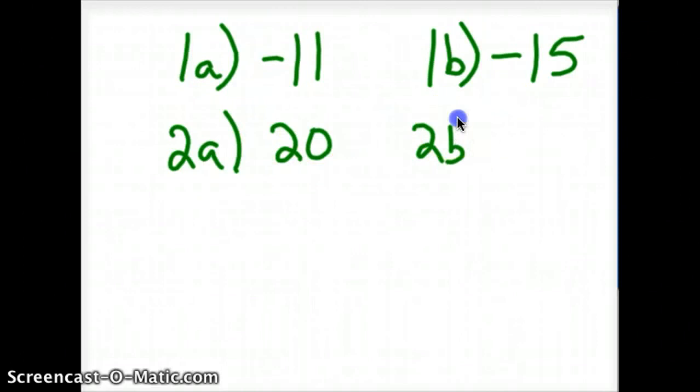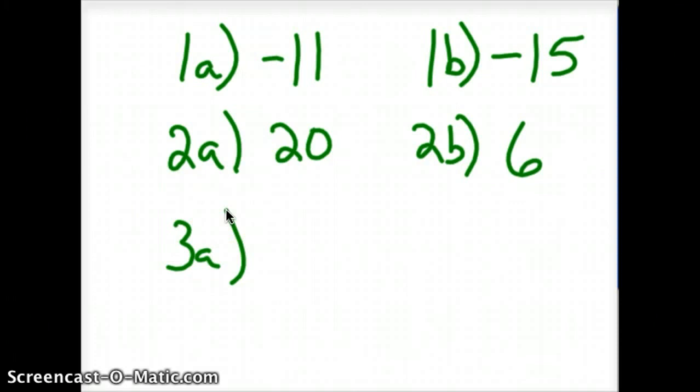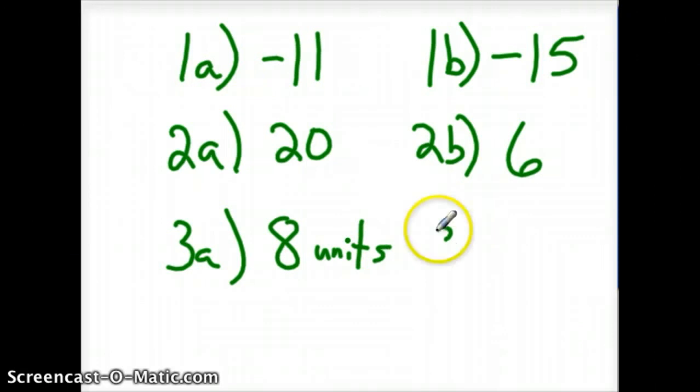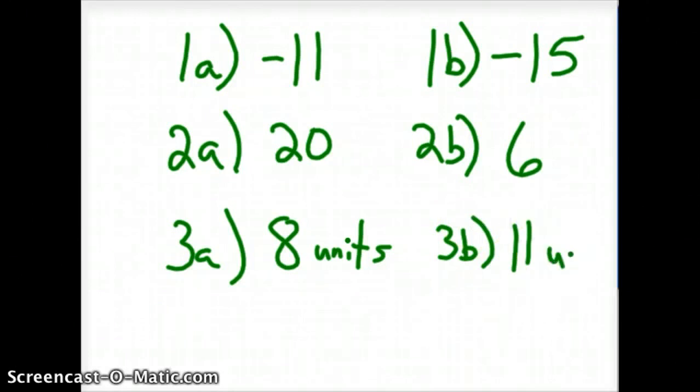And 2B, the answer is 6. And make sure you guys can get 3A and 3B. 3A is 8 units. The distance between -30 and -22. And 3B, the answer was 11 units. The distance between -6 and 5. Okay?